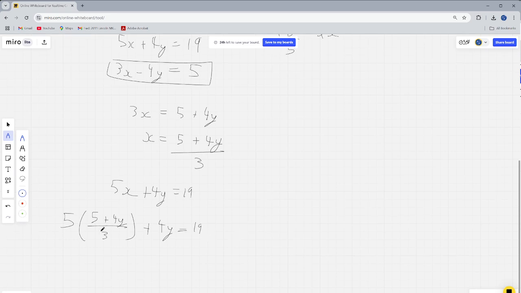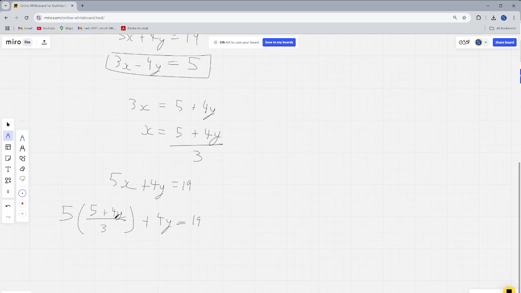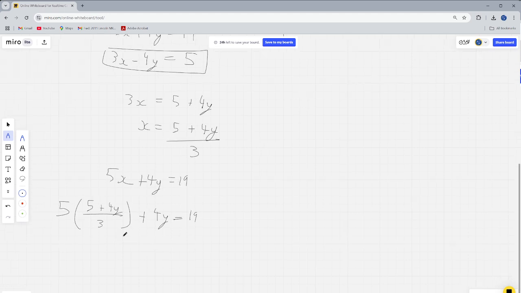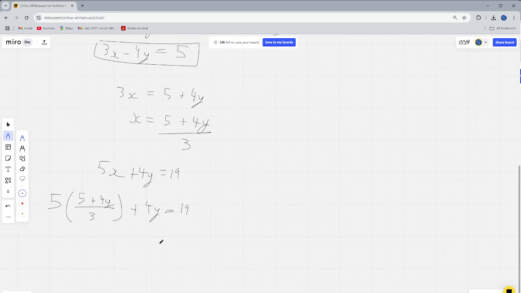And what this does is it makes it so we only have one variable in our equation. So now we can solve for y. So how can we do that? We need to basically get y out of these brackets, right? So the way we can do that is go over here and isolate for y.